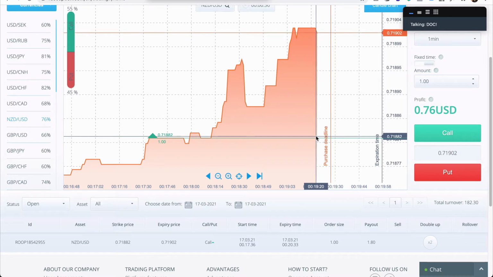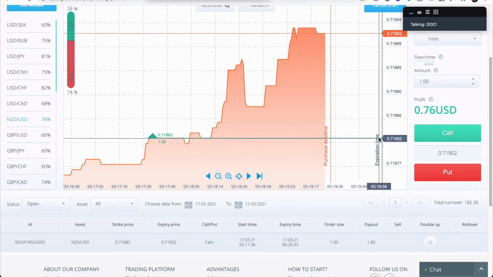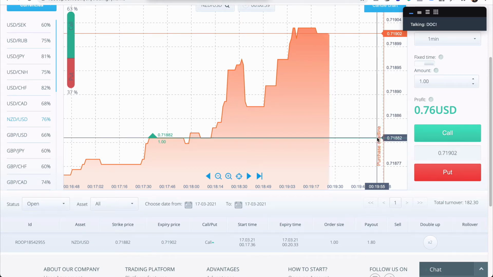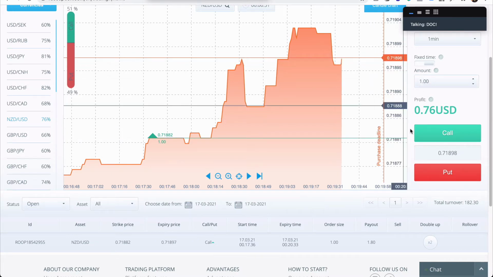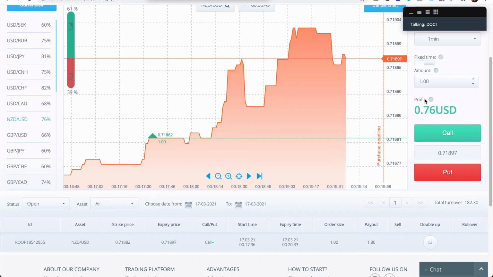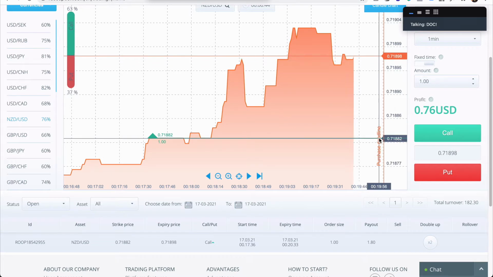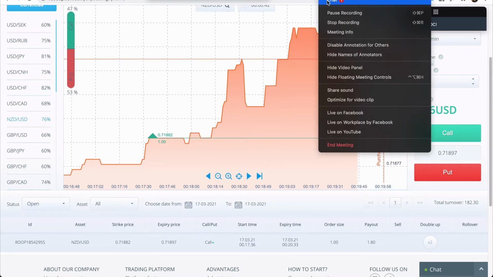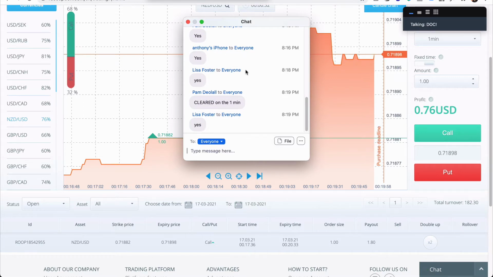So wherever I enter that double up, I still get the same amount of time left on that trade without any penalty. But it gives me the exact order. So whatever this amount is, if I hit double up, it enters a new trade with the same amount, and the trade expires at the same time as the original trade. Does that make sense? Does that make sense what I said about the double up?